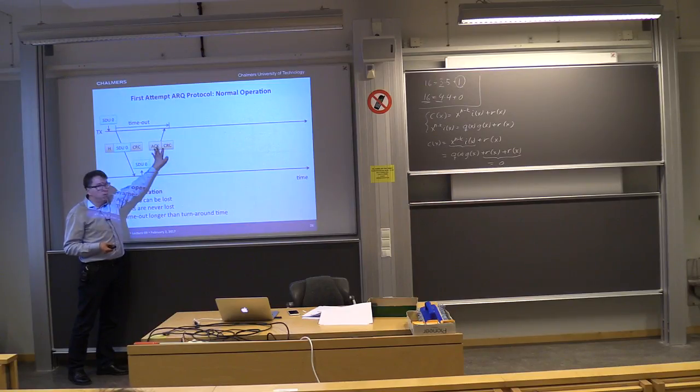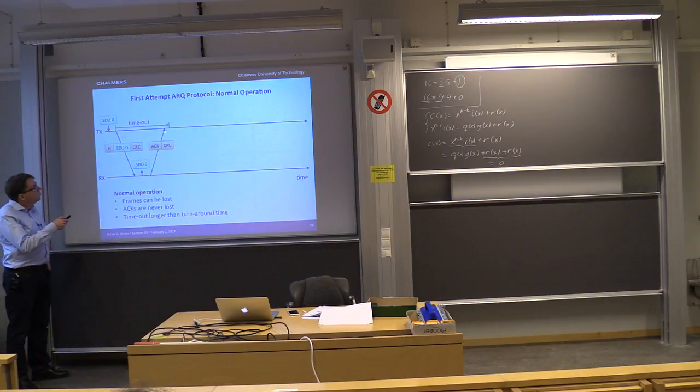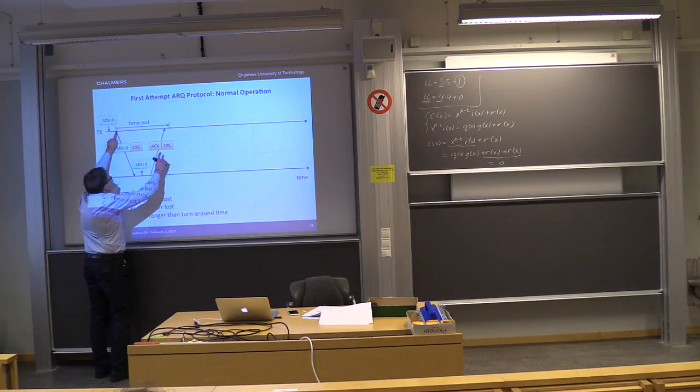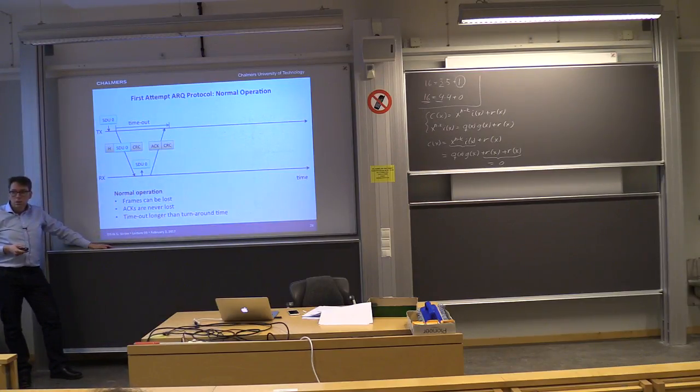So typically one uses error detection in the reverse direction too. Then this one arrives before the timeout hits here. This is what I meant by normal operation: the timeout we use here is longer than the turnaround time. The turnaround time is from here to here. So then things are good.